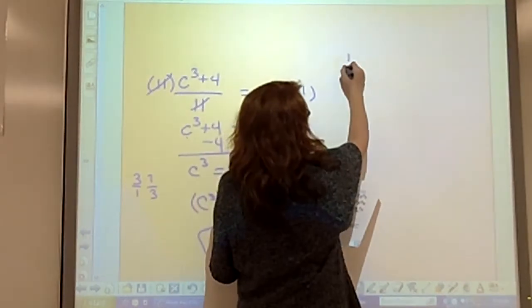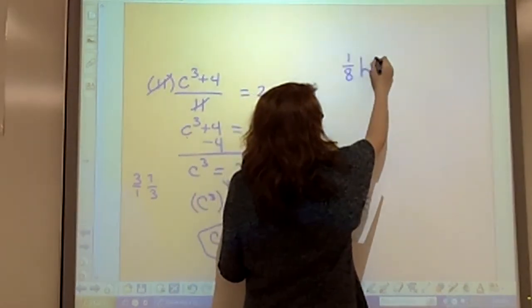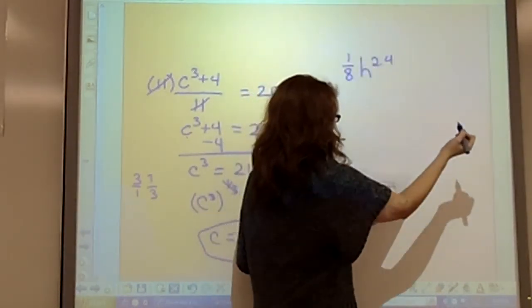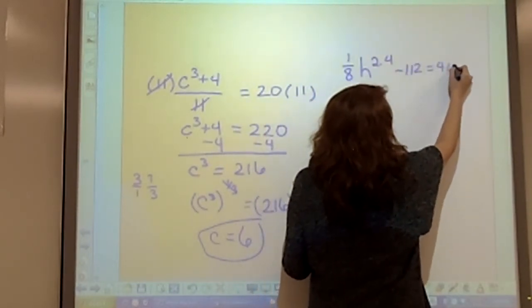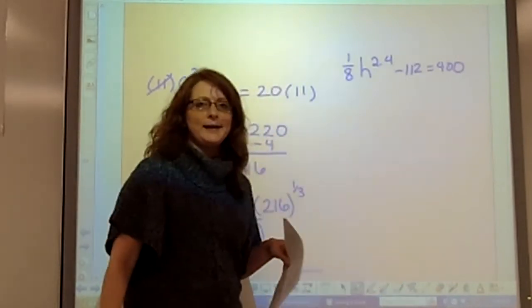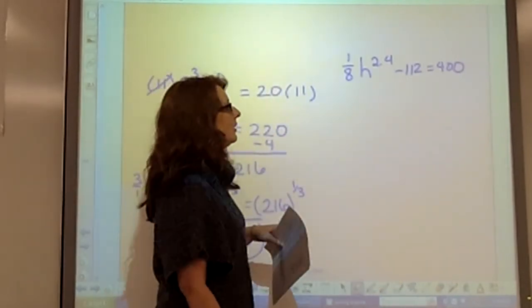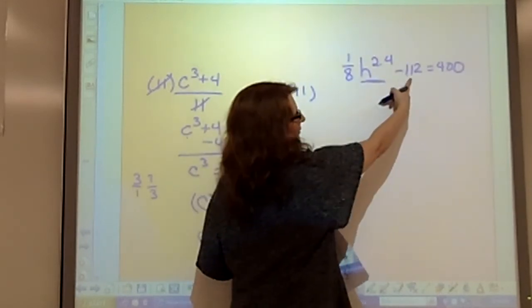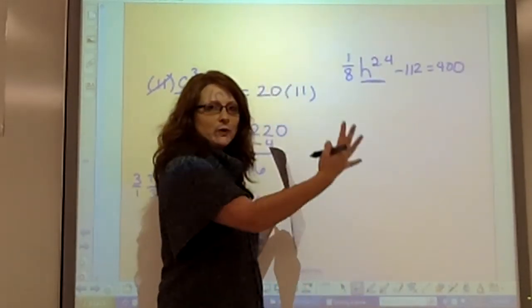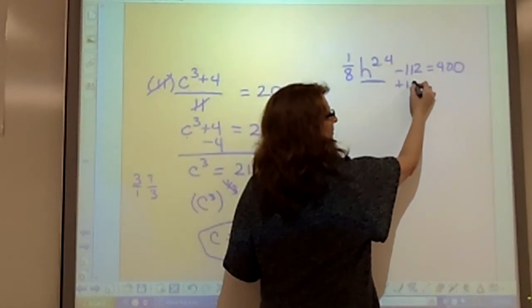One other one that we worked in class together is number 8. Because this one had a decimal in it, it's a little bit different. Again, I'm trying to get this h here by itself. So the first thing I move is what's furthest away. So I go plus 112.